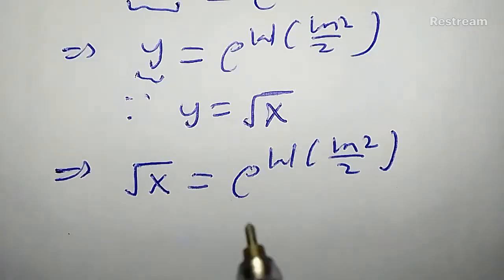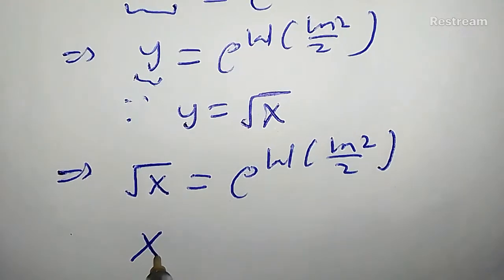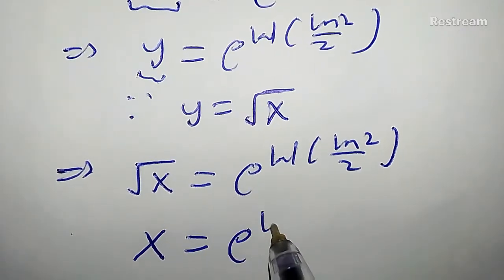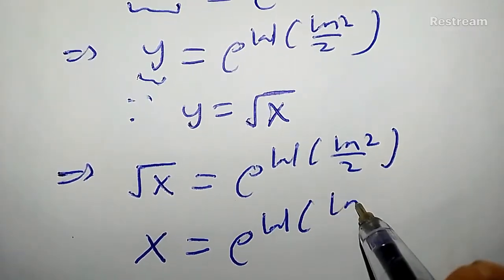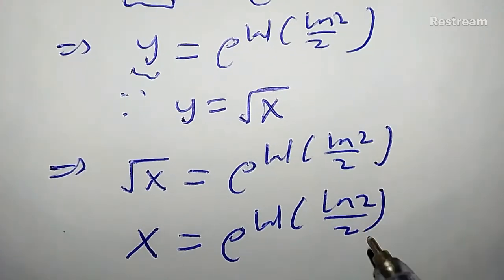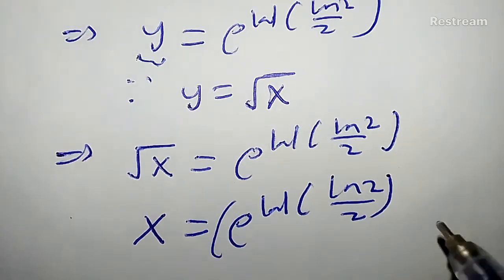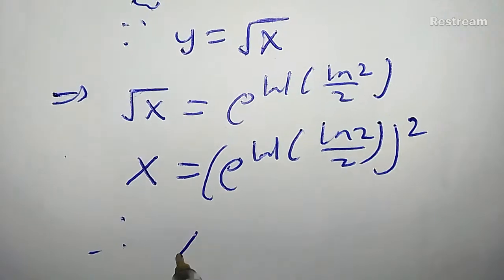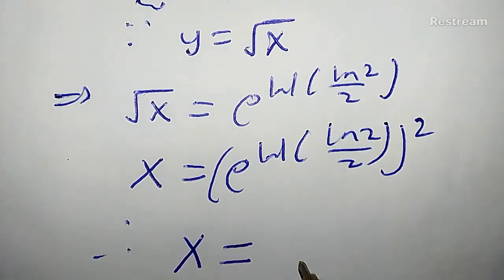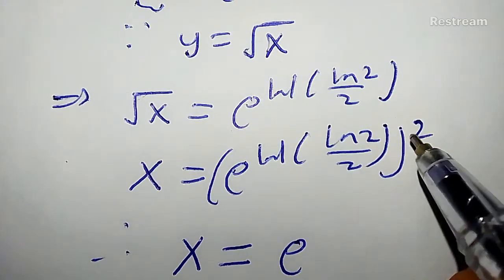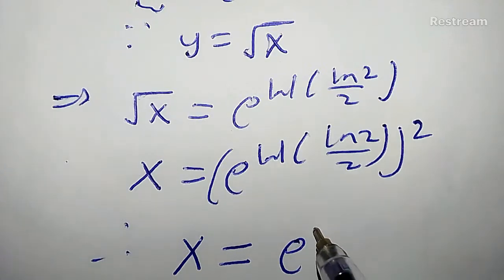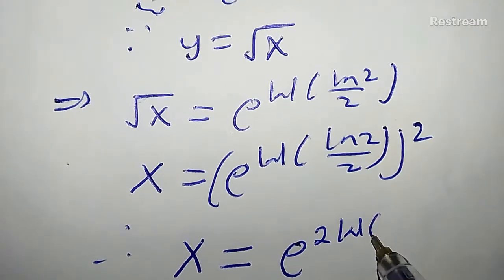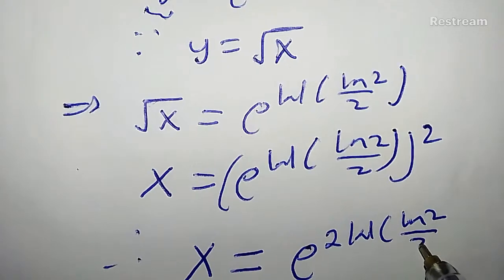If you square both sides, our value of x is equal to e to the power of W of ln 2 over 2, all squared, because the square will take care of this square root. Therefore, the value of x is equal to e to the power of 2 times W of ln 2 over 2.